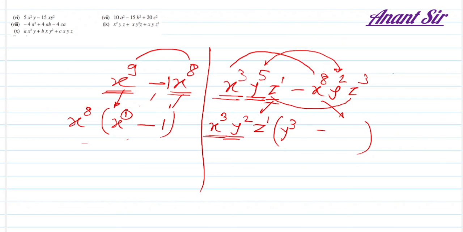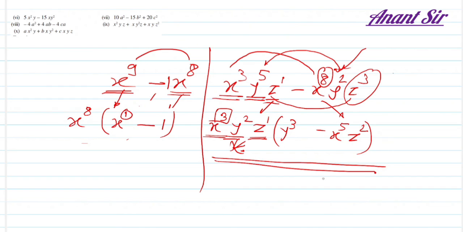There were 8 x and we have taken only 3 common. So x raised to 5 will remain. There were 2 y and we have taken 2 common. So y does not remain. What about z? There were 3. We have taken 1 common. So z raised to 2 will remain. So this is our final answer, friends.